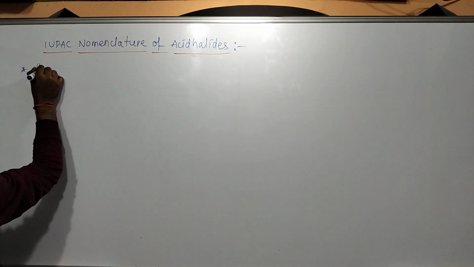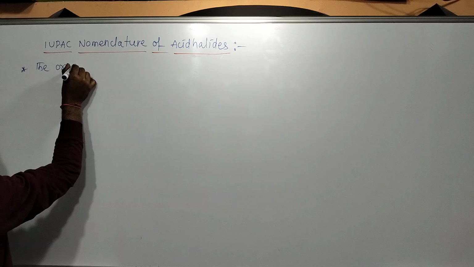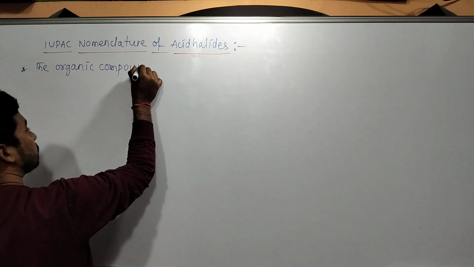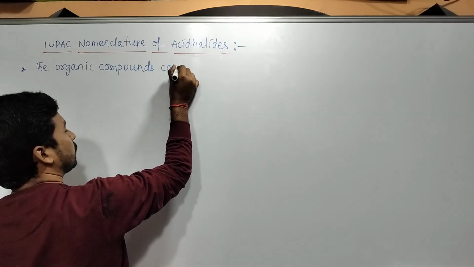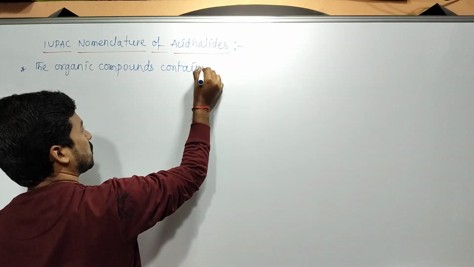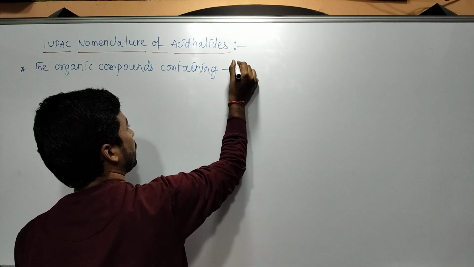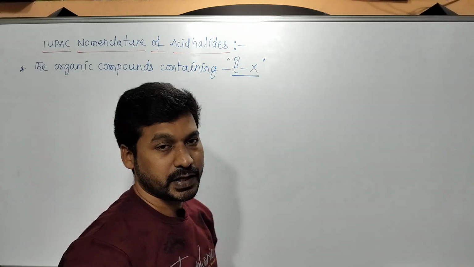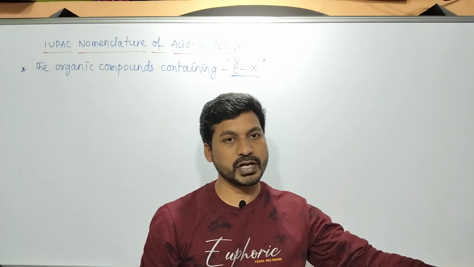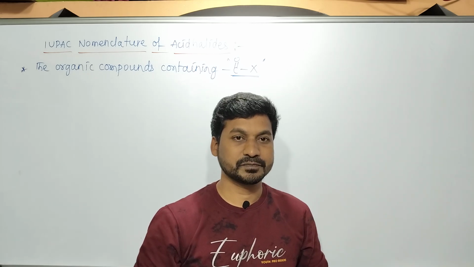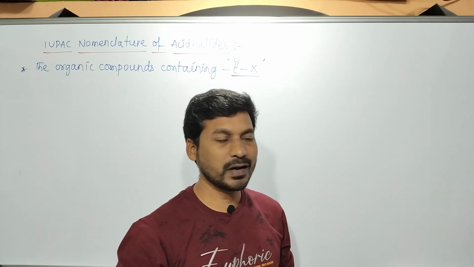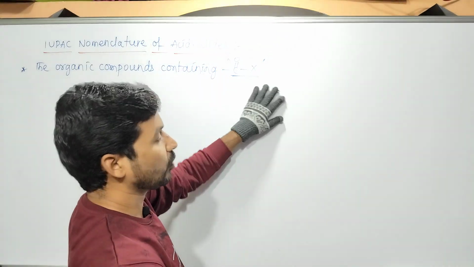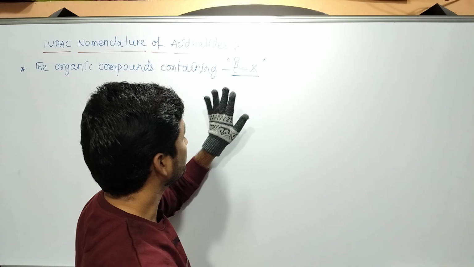Organic compounds containing the COX functional group. In the COOH group, one OH group is replaced by X. X may be chlorine, bromine or iodine: acid chloride, acid bromide, acid iodide, like that.